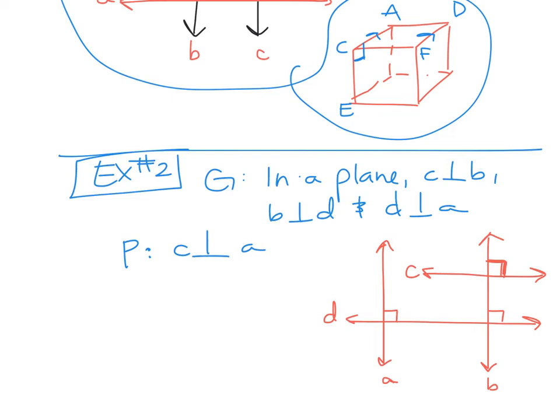B is perpendicular to D, that's this one here. And A is perpendicular to D, that's this one here. We're trying to prove that the two that aren't touching yet, but the lines keep going, right? So really they are touching. So if we kept this line going, right? If this kept going, we're trying to prove that that's perpendicular. Okay, and it does keep going because it has an arrow on it.